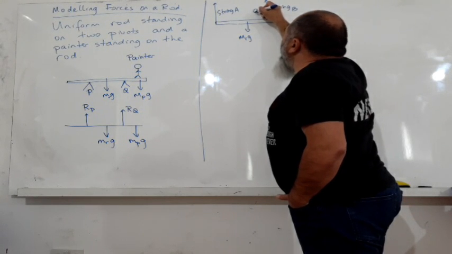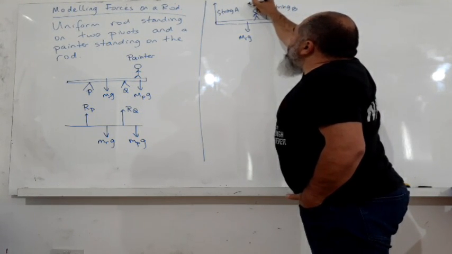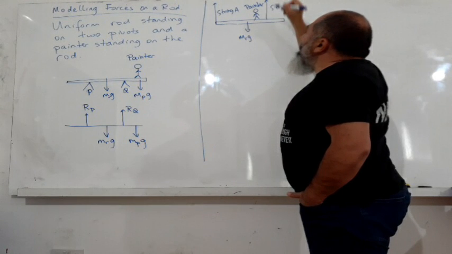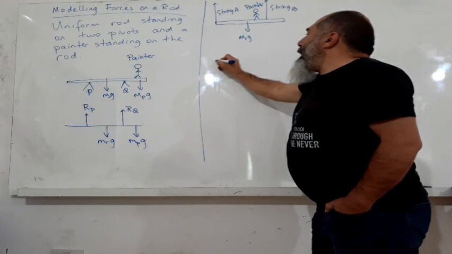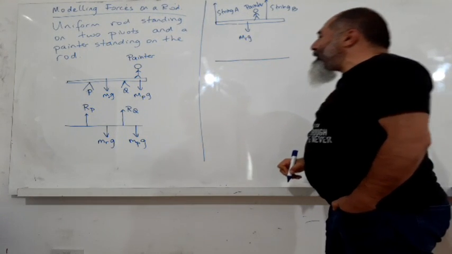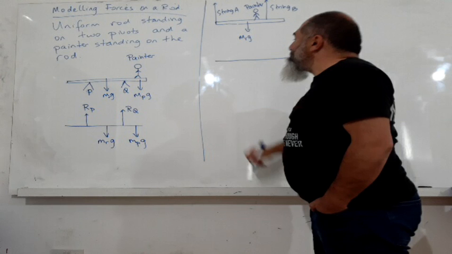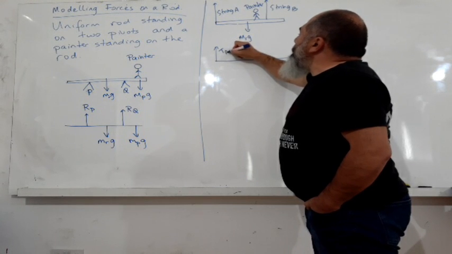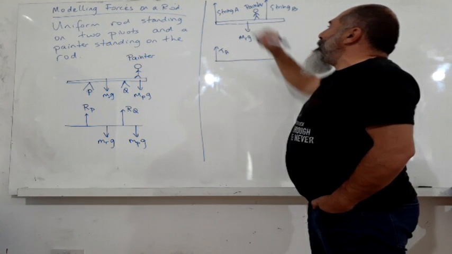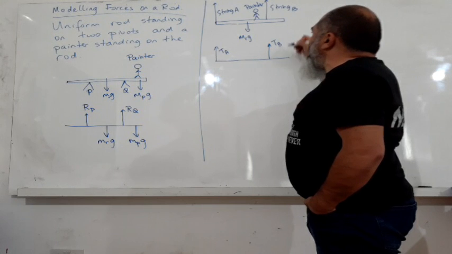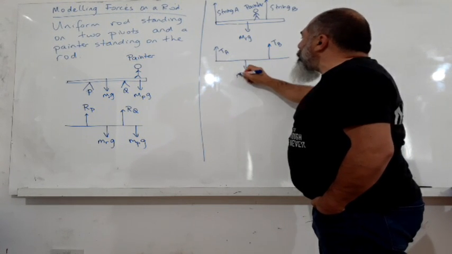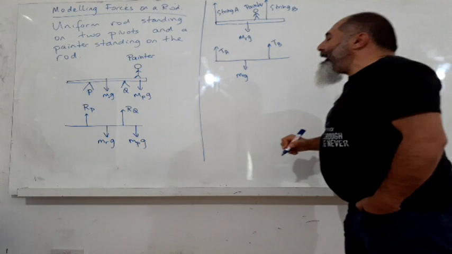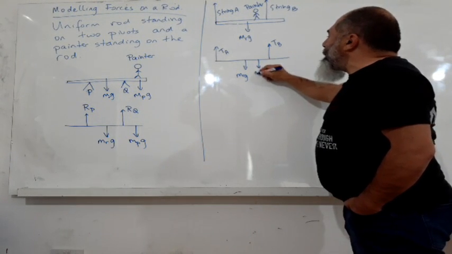This is our famous painter. How are we going to write the forces? We are going to represent the forces saying that this is tension on string A, this is tension on string B, mass of the rod times g gives the weight of the rod, and mass of the painter times g gives the weight of the painter.